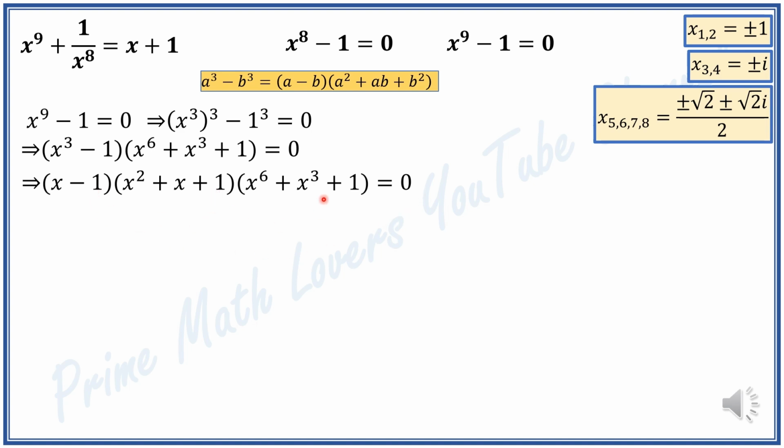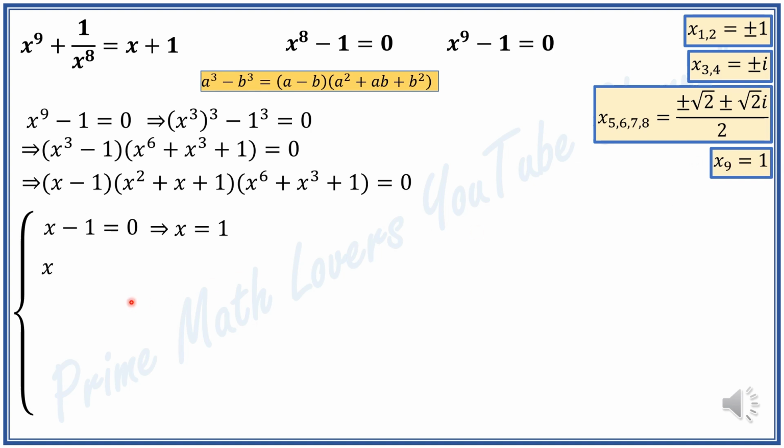I'll have three factors multiplied together equal to 0. I set each factor separately equal to 0. x minus 1 equal to 0 means x is equal to 1. So our ninth root is 1.